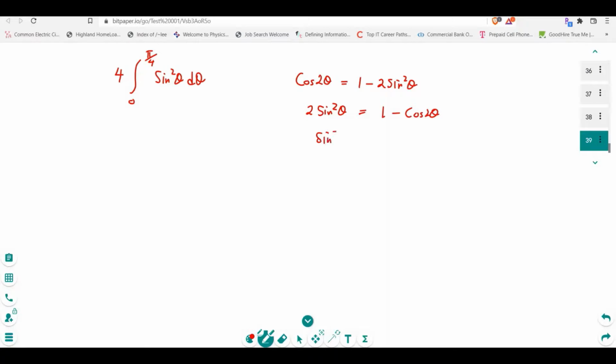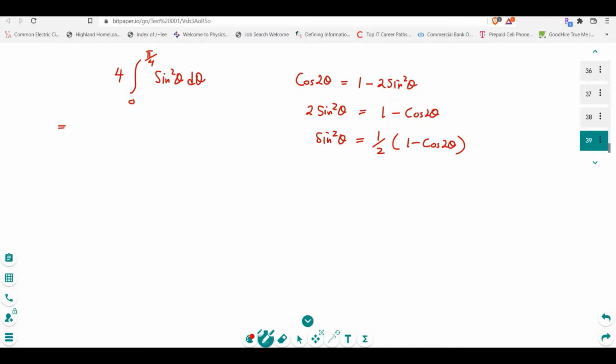As a result, sine squared theta is equal to 1 half times 1 minus cosine 2 theta. So we can make this substitution where now we have a double angle instead of a single angle. That means 2 theta instead of theta, and we have taken out that square term.